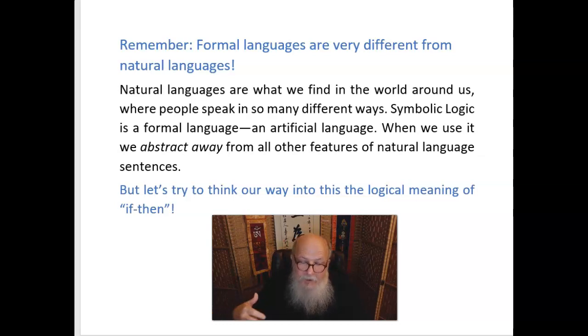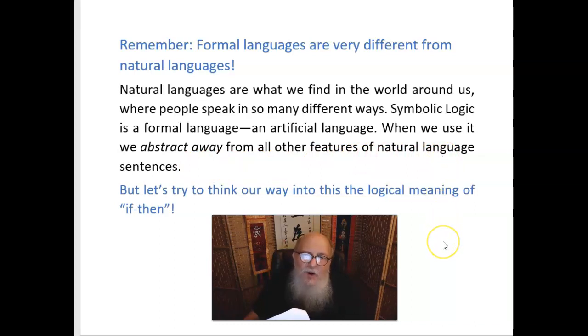But in logic, we abstract from all that to focus on the core logical meaning, which is then used to calculate truth values, with the ultimate goal, in our case, of evaluating arguments for validity. So remember, symbolic language is a formal language, an artificial language. When we use it, we abstract away from all the other features of natural language sentences.